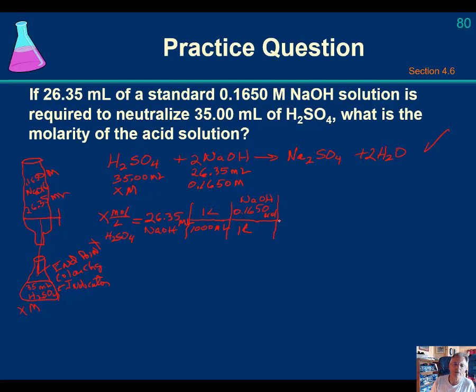Now here's where things get different. The mole-to-mole ratio is 2 to 1. 2 moles of sodium hydroxide are required to neutralize 1 mole of sulfuric acid. So that's going to be 2 moles of NaOH for every 1 mole of H2SO4. 26.35 milliliters times 1 divided by 1,000 milliliters.